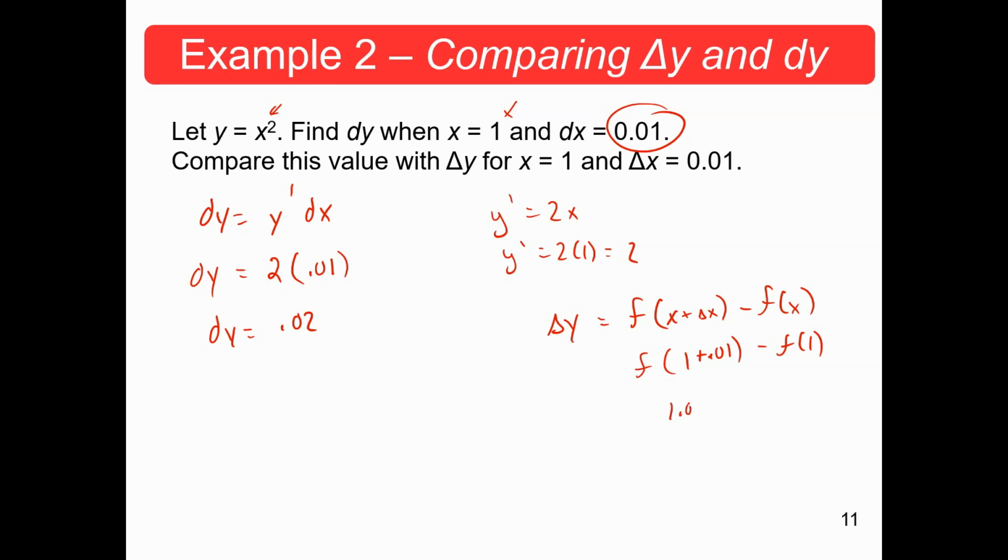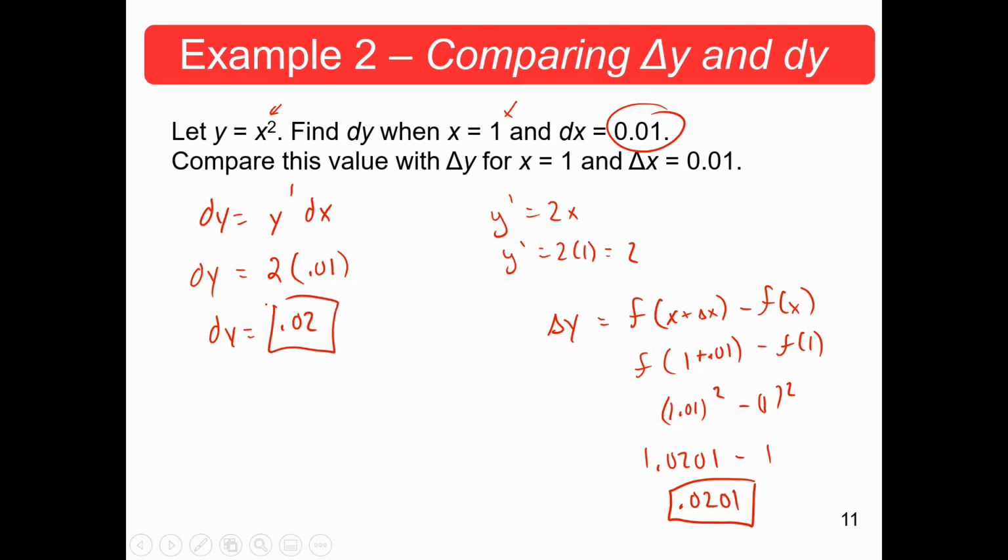So this is going to be 1.01 squared minus 1 squared. Now, let me get my calculator up. There we go. So we'll say 1.01 squared is 1.0201 minus 1 gives me 0.0201. Pretty close approximation. Notice it's not exact, but it is a pretty good approximation.